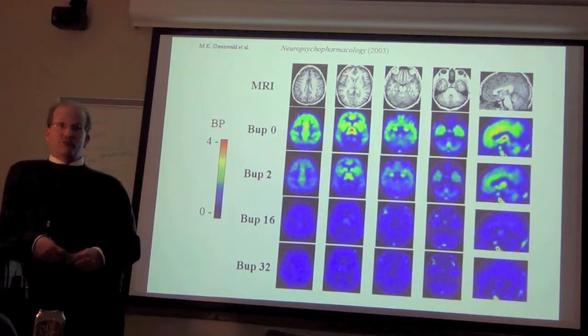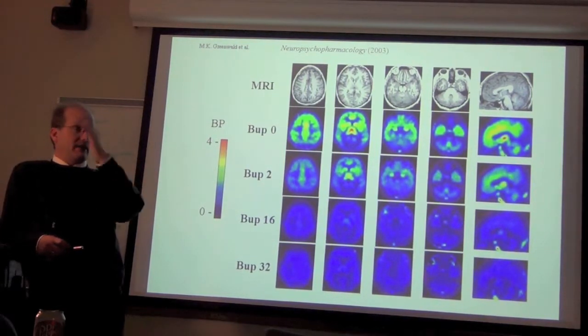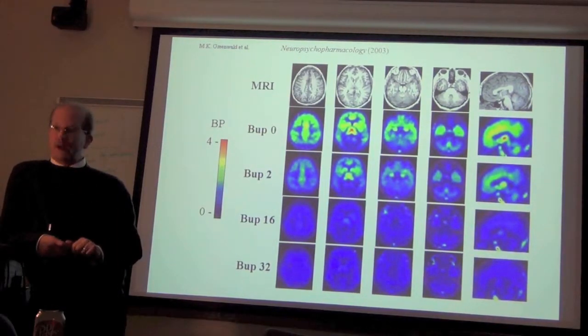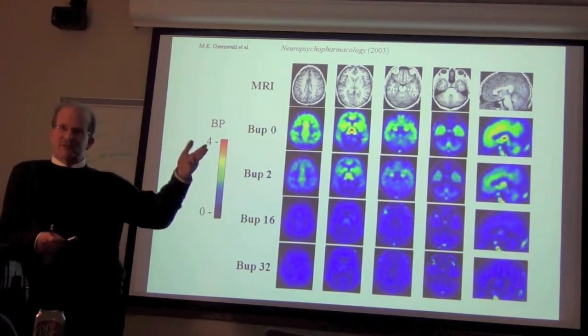What there is? So Dr. Zubieta's group, I was not involved in these studies, has also published way back that individuals who abuse cocaine, when they're abstinent for quite a long time, show continued upregulation of mu opioid receptors, just like individuals who we have found use heroin and then are detoxed.